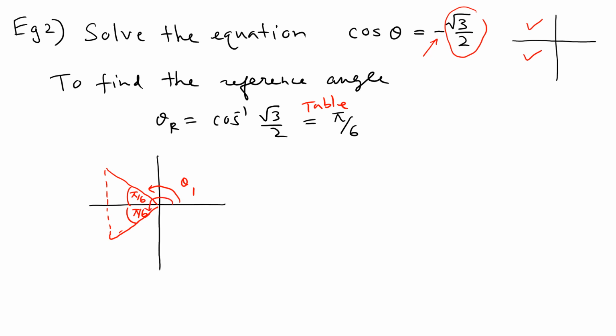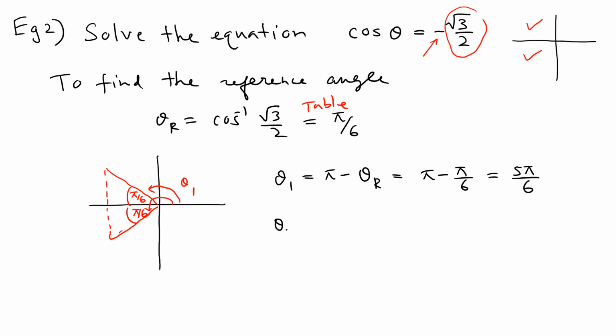That's the second angle. In this case you can write theta 1, which is simply pi minus the reference angle. So that means pi minus pi over 6. Taking the common denominator, multiplying by 6 and 6, top and bottom, you get simply 5 pi over 6 as the first angle.